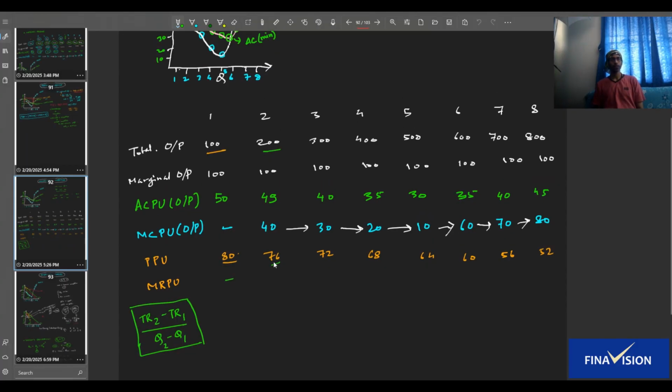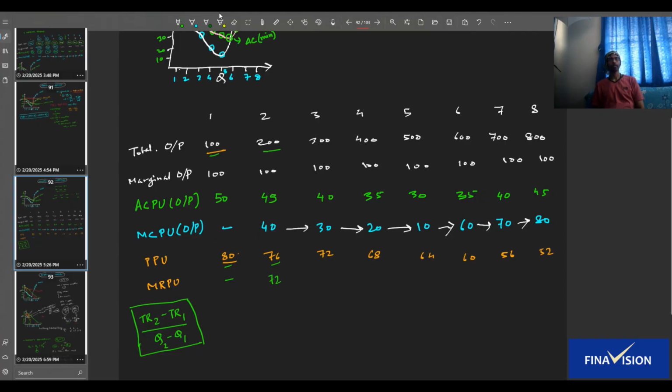So this will be equal to 15,200 minus previous total revenue, which is 80 into 100, that is 8,000, divided by 200 minus 100, which is 100. So this is equal to 72. We'll write it here. And let us remove the calculation.